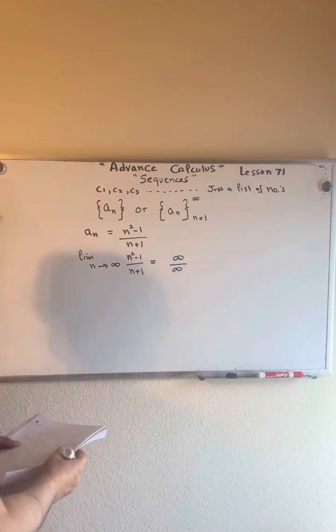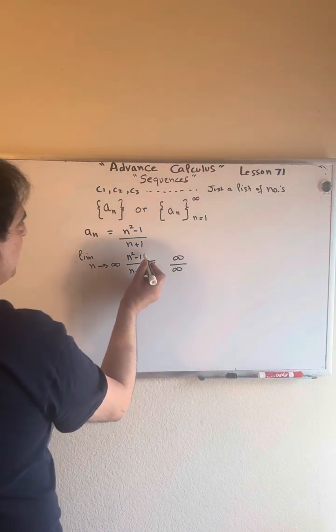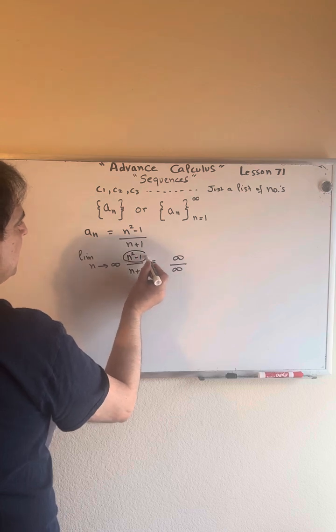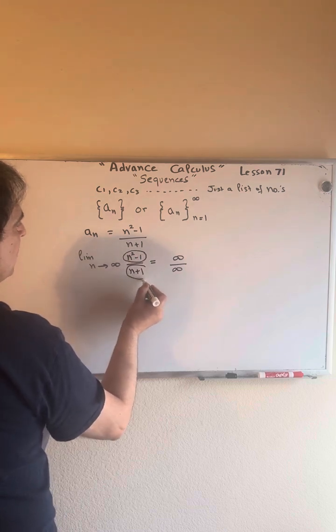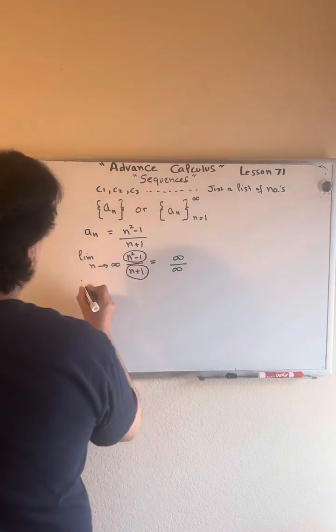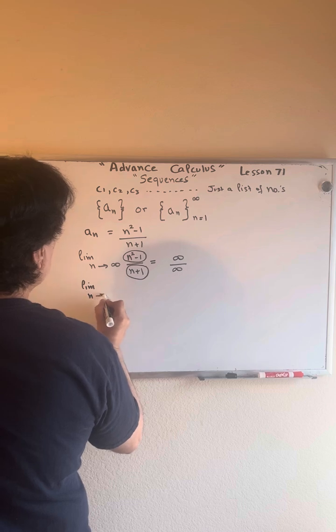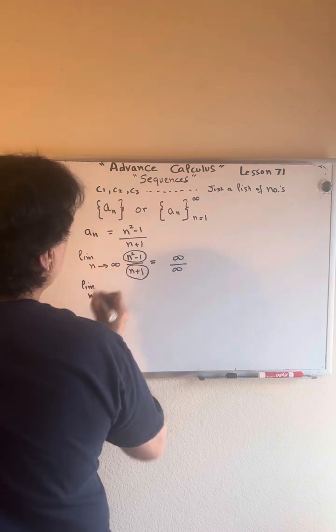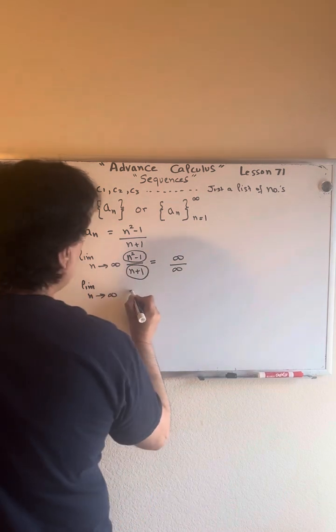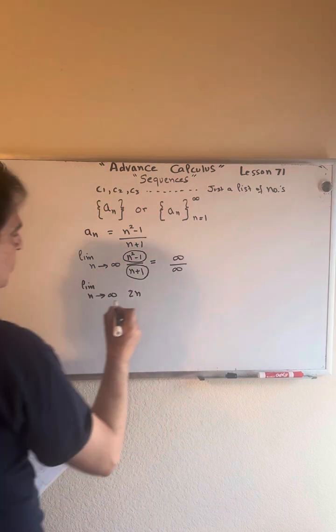So in L'Hopital's rule, what we do is we take the derivative of the numerator right here, and we take the derivative of the denominator. So let's go ahead and do that. When I do that, I say limit n approaching infinity. The derivative of n squared is 2n, and the derivative of 1 is 0.